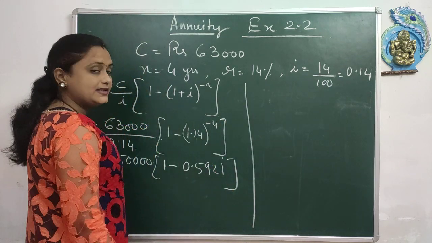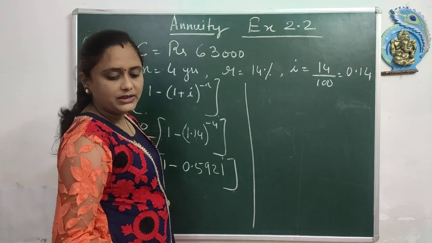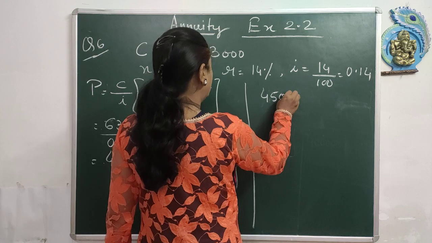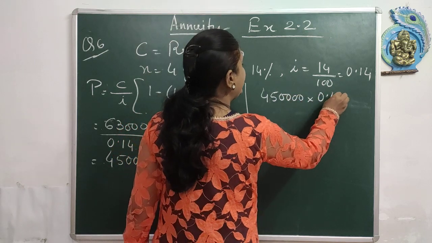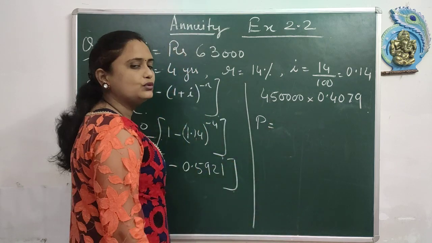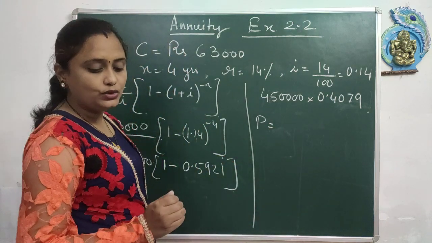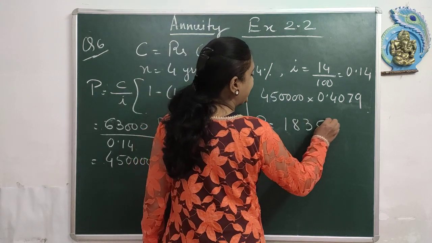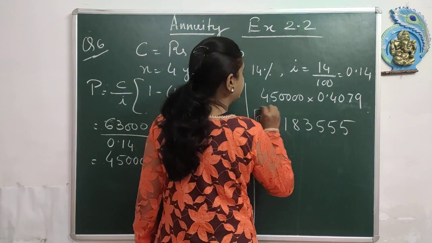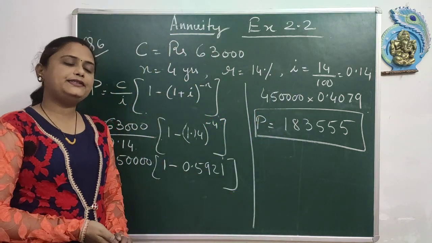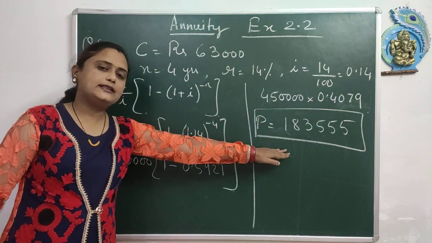So 1 minus 0.5921 will be 0.4079. 0.4079 multiplied by 4,50,000 will give you the present value, which is 1,83,555. Okay, this is the present value.